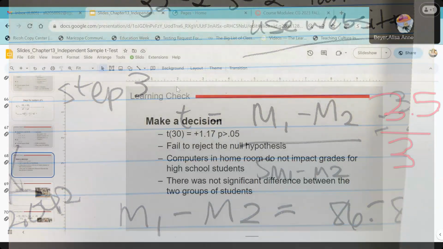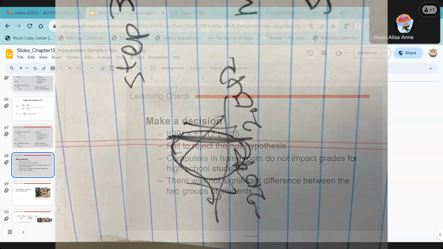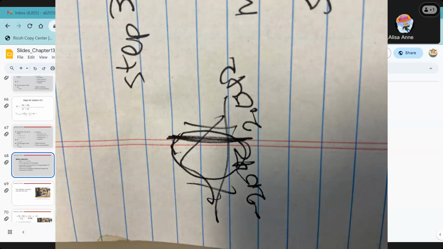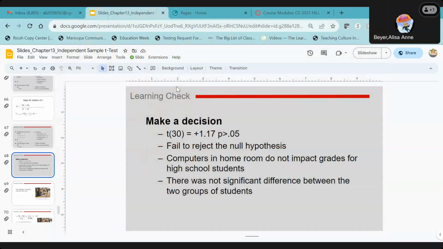So when we put that in, we get 1.17. Looking at the distribution, negative 2.042 and a positive 2.042, our 1.17 is in the fail to reject the null space. So we fail to reject the null, we say it's not significant, and then we give context: computers in the homeroom don't impact grades.